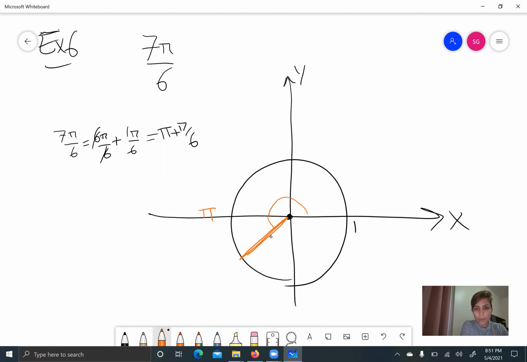So what is this angle? The whole angle is 7 pi over 6. How did I draw that? Look, I first came as 1 pi. This is pi.